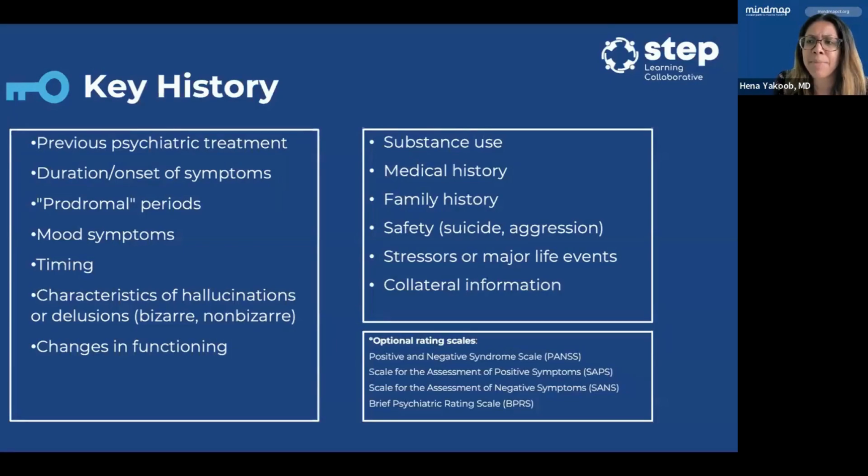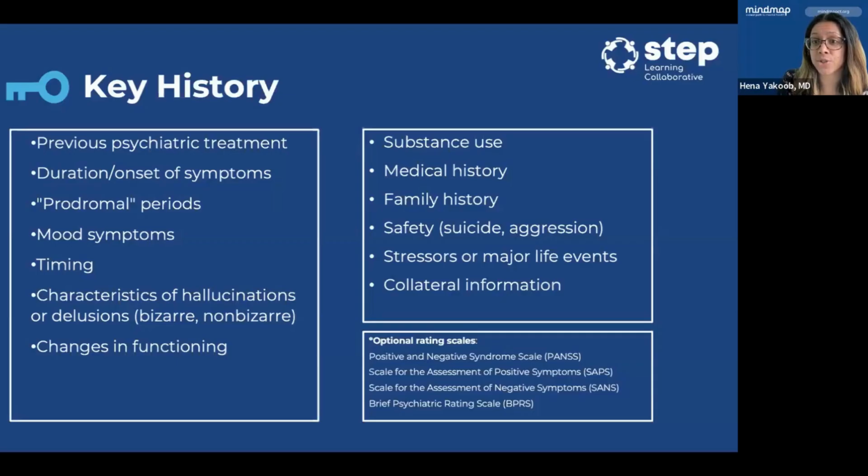Just another thing we wanted to mention in terms of eliciting some of these symptoms, there are a number of psychiatric rating scales. The ones listed here are all validated scales, some of which I have used myself, some of which I have not. I'm familiar with the BPRS, the Brief Psychiatric Rating Scale. For anyone who may not be entirely comfortable with how to even word or ask some of these history details, I recommend taking a look at the BPRS.